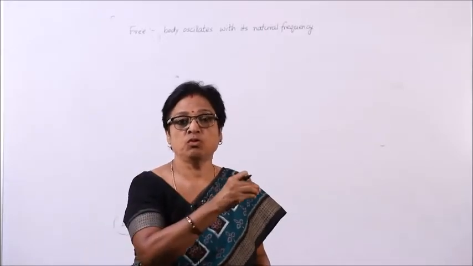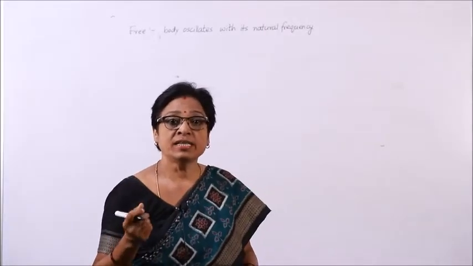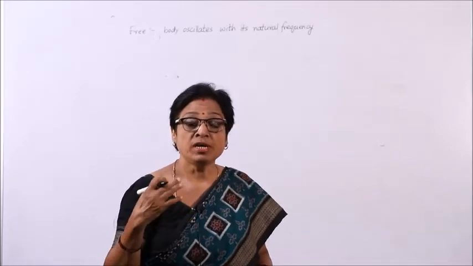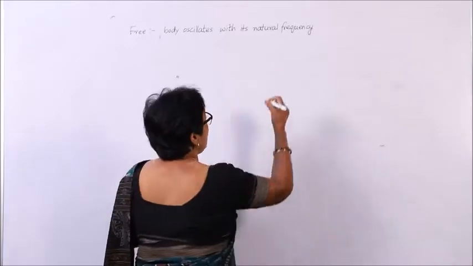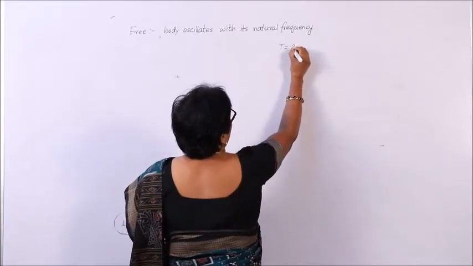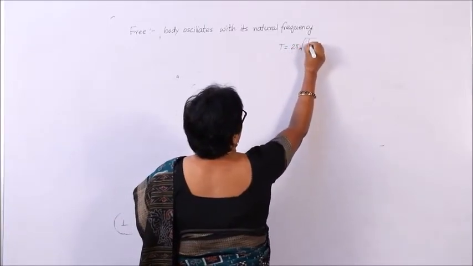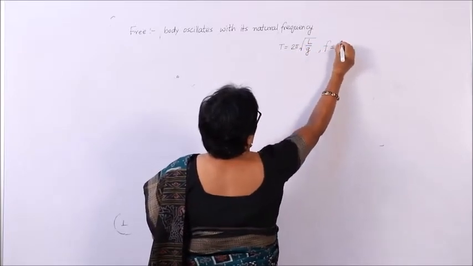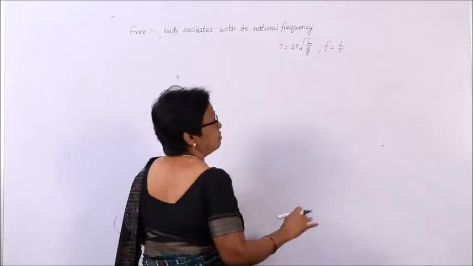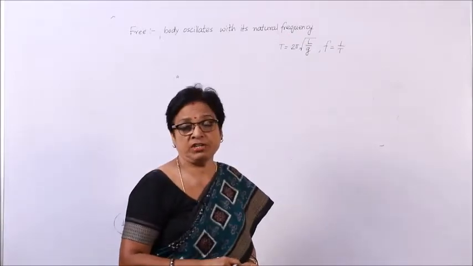Mass will move like this, and we say that it is a free motion. It will oscillate with its own natural frequency. See the time period we found out is 2 pi root over L by g in the case of simple pendulum. So, frequency is 1 by T. So, you invert it and you will get frequency.